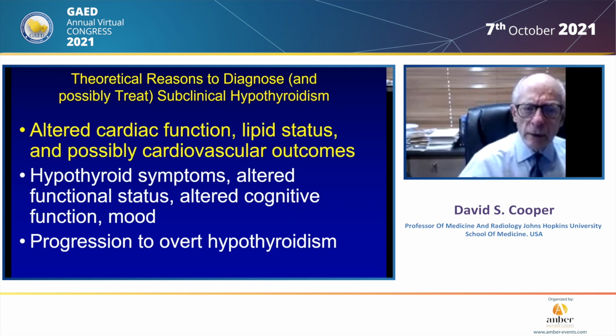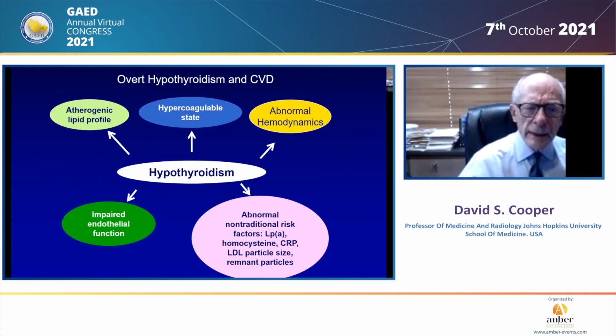I want to talk about the first reasons to take this condition seriously, that is cardiac issues. And this is all based on the fact that we know that hypothyroidism itself is associated with a whole host of abnormal outcomes in terms of cardiovascular disease.